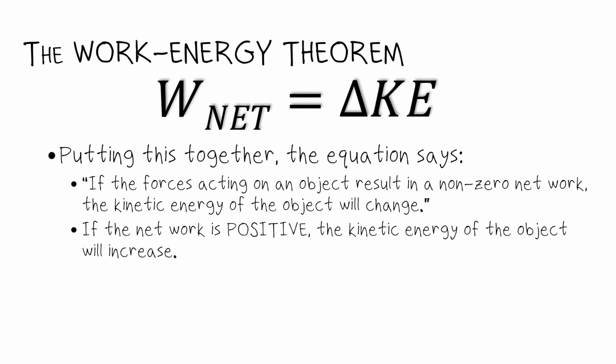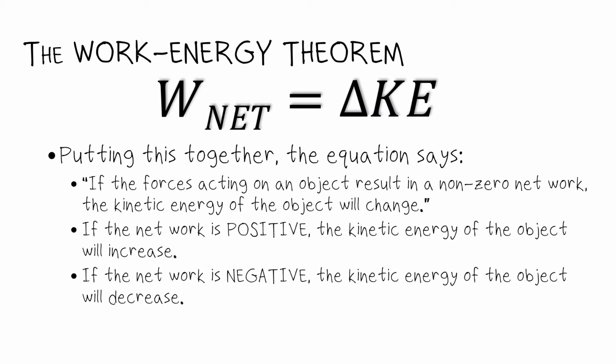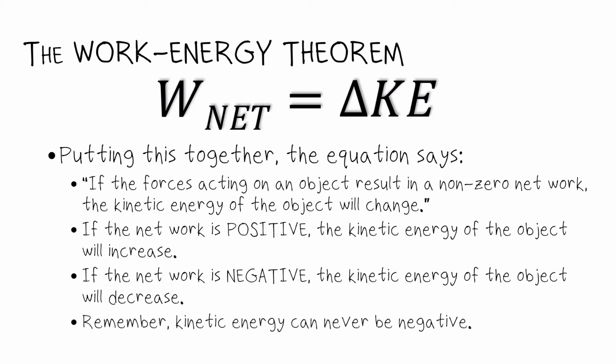So if the net work is positive, the kinetic energy of the object is going to increase, i.e. it's going to speed up. If the net work is negative, the kinetic energy of the object will decrease, i.e. it's going to slow down. And also remember, kinetic energy can never be negative. So it's just a scalar quantity. You either have it or you don't.